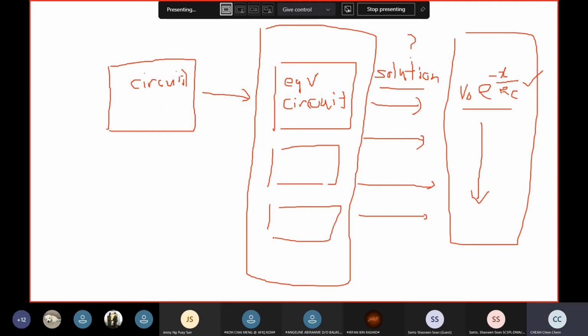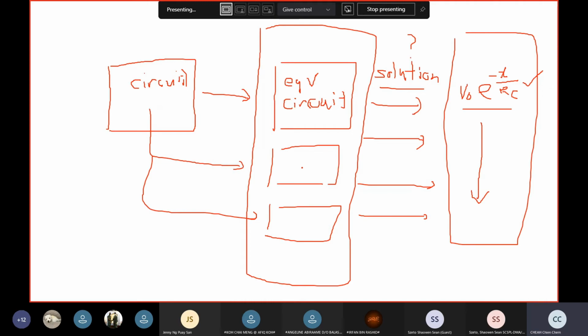For more complex circuits, what you need to do is to use circuit analysis from week 1 and week 2 to transform it to this equivalent form, or you can view it as a standard form, so that you can get the solution. So remember, complex circuits: transform, simplify to equivalent form so as to link up with the solutions that we have derived in the lectures.